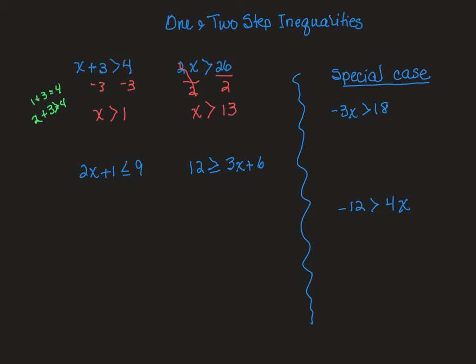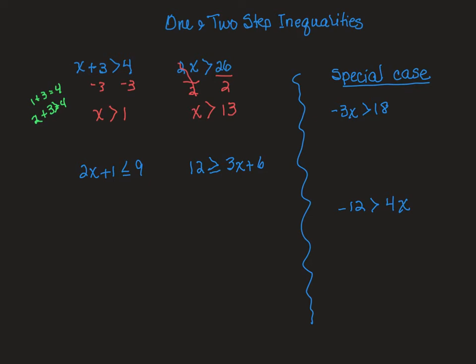Same process. The idea of moving to the inequality often confuses people. If I put 13 in, 2 times 13 equals 26, but if x is greater than 13, it will be greater than 26.